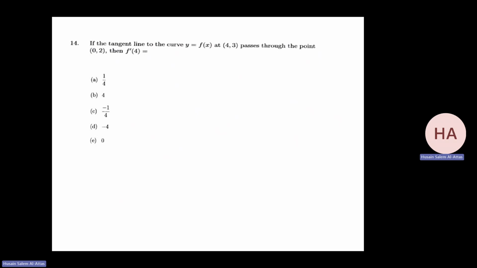This is the same problem. If the tangent line to the curve at this point passes through another point, the other way. If this is 4 and 3, you have the point 4 and 3.